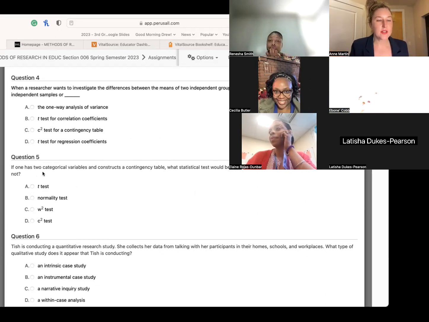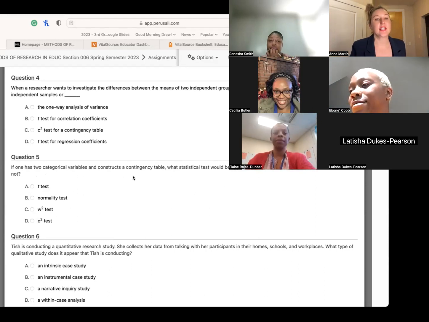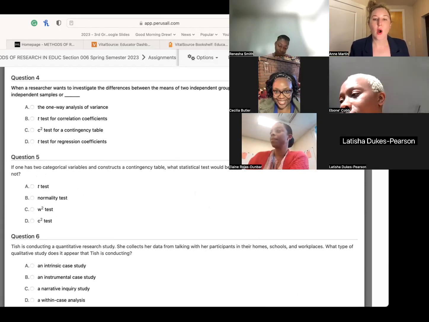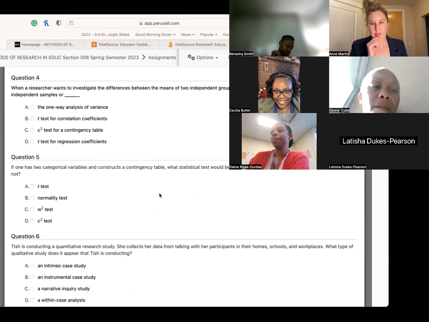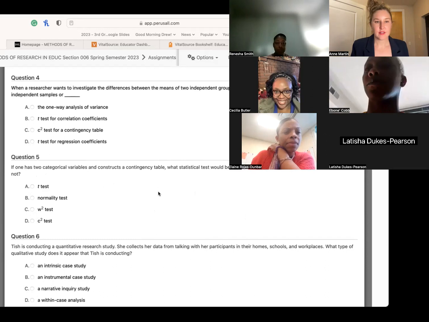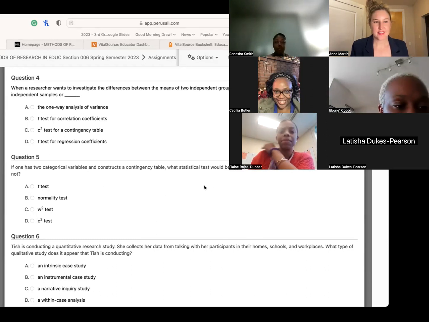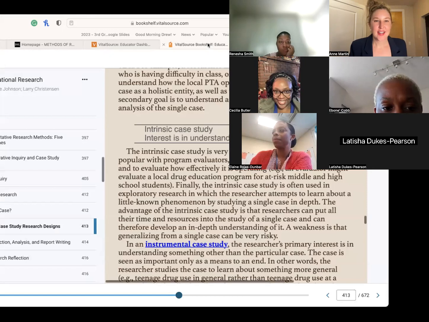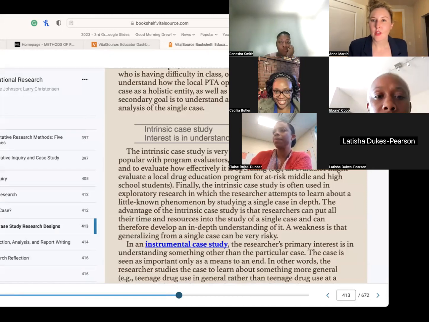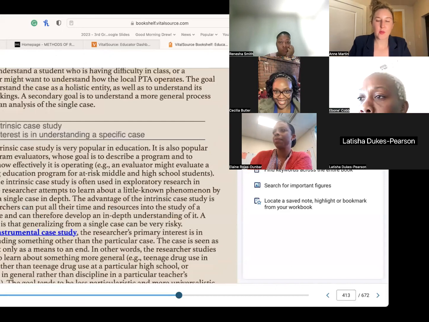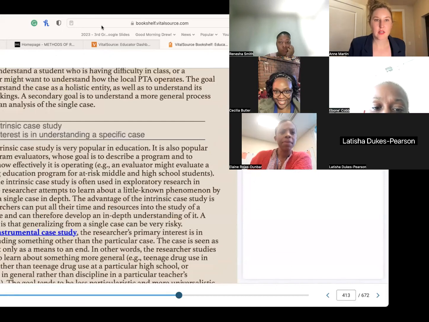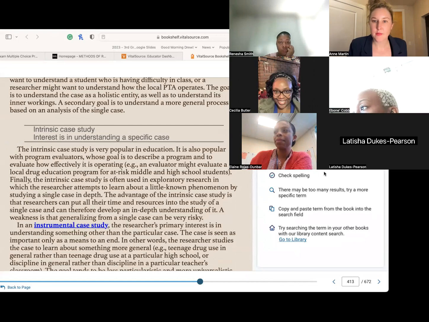Okay, so this one, two categorical variables, constructs a contingency table. So finding if there is a statistical relationship between the variables on this contingency table. Contingency table. That's the chi-squared. I feel like we talked about that at least when it came to hypothesis testing.